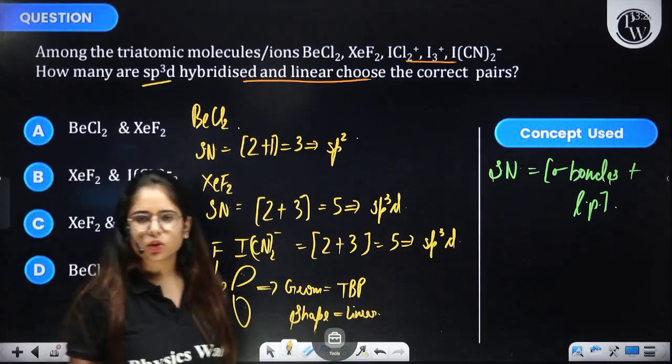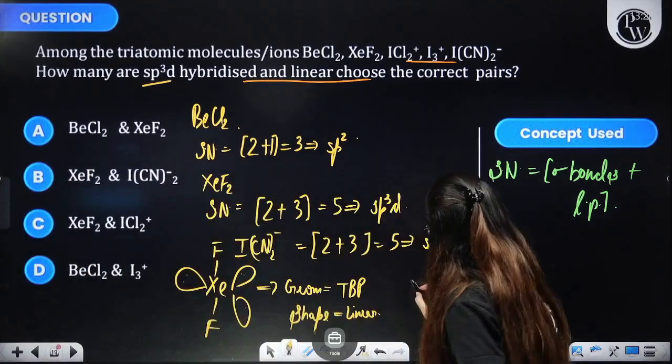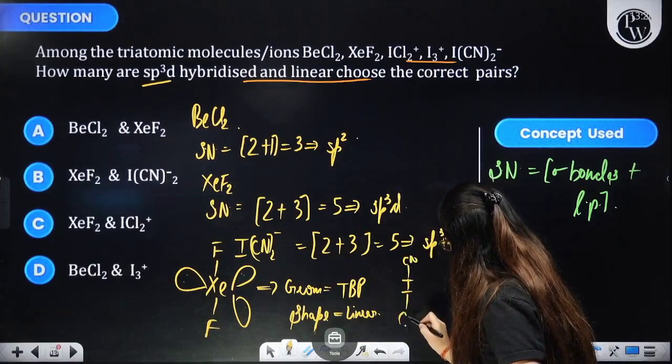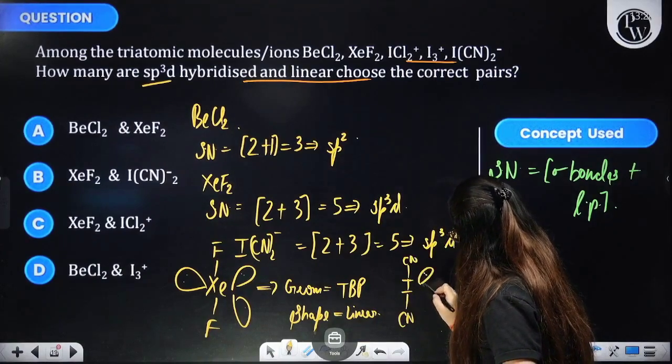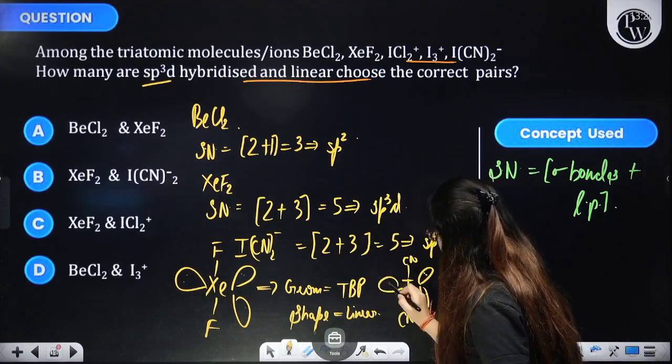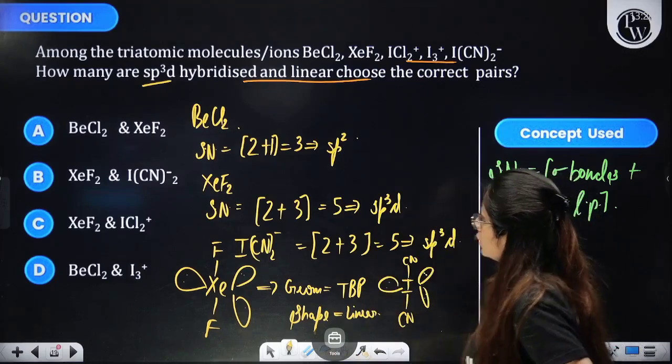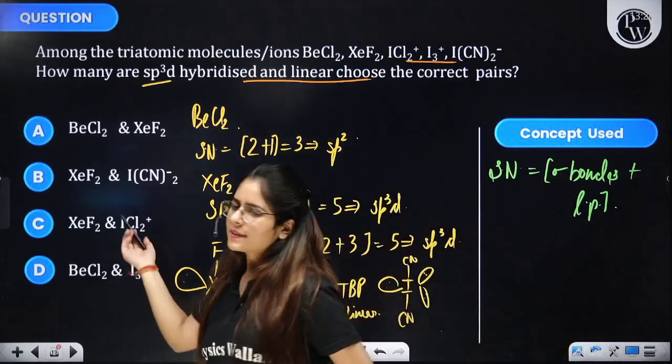Then for ICN2 minus, again the geometry is TBP and shape is linear. So option B is the correct answer.